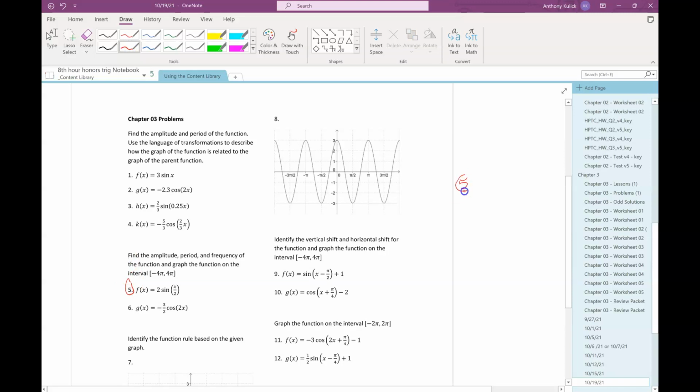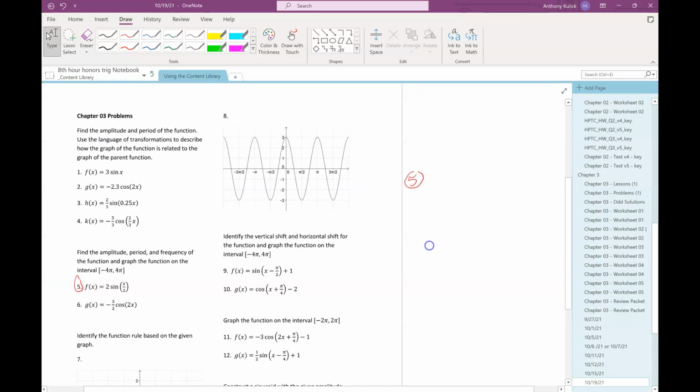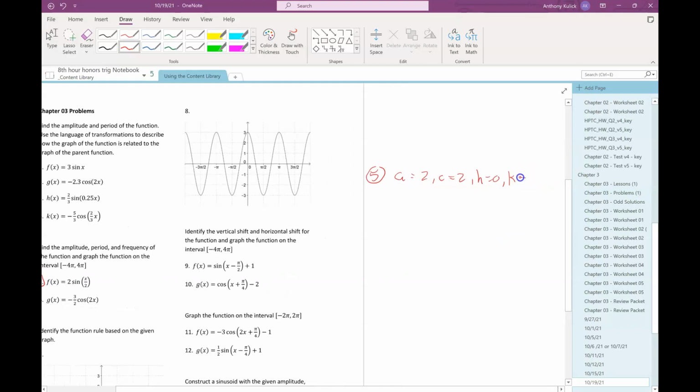Before I start any of that, I'm going to write down the values for A, C, H, and K, which I can get just by looking at this, since it's in a form where it's easy to read those values. Are you okay there? Yeah.